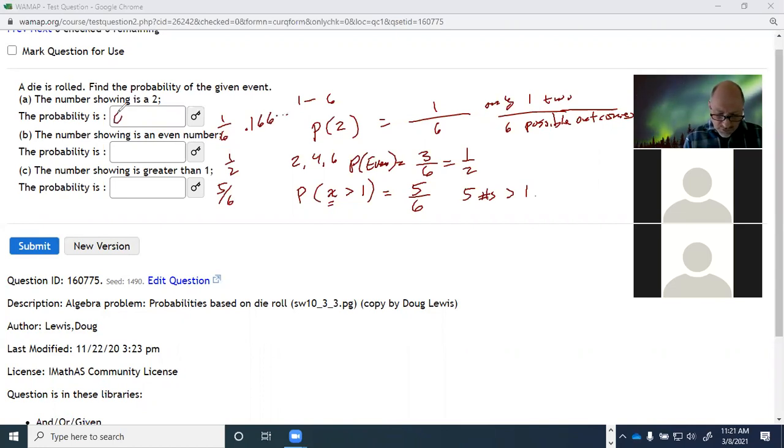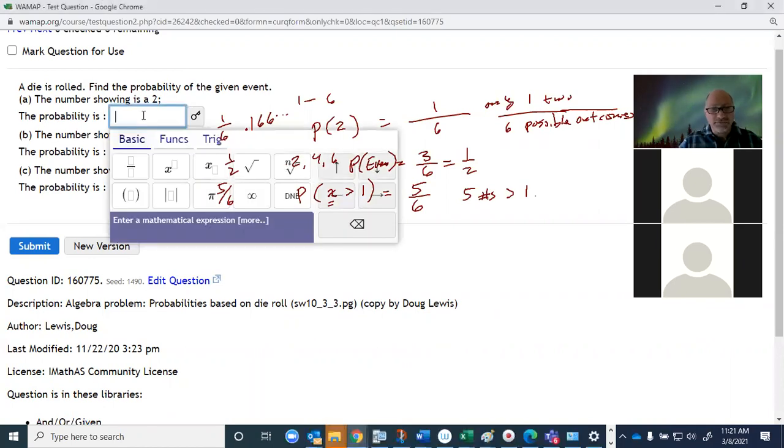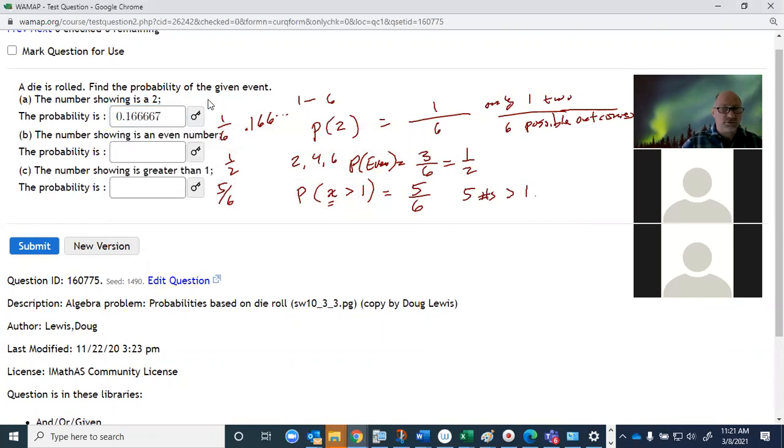So again, I wouldn't even put a decimal in there. Just put the fraction 1/6 in for your answer. But if you have to put a decimal in, you'd probably want to go out several places, like out that far, so you could get credit.